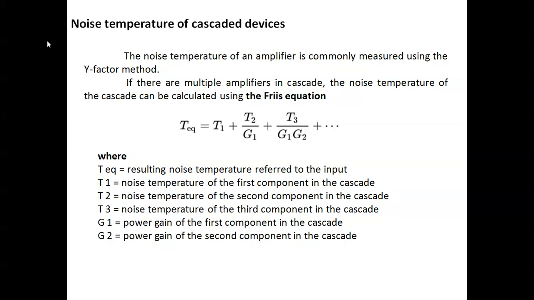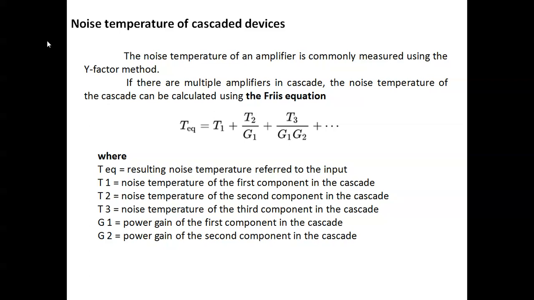If there are four amplifiers present in cascade manner, how would the equation look? T equivalent equals T1 plus T2 divided by G1 plus T3 divided by G1 G2 plus T4 divided by G1 G2 G3.